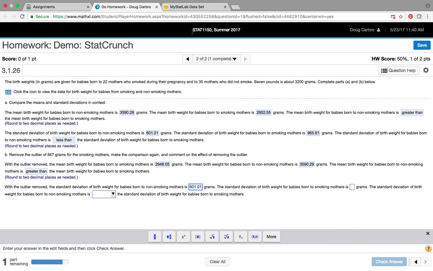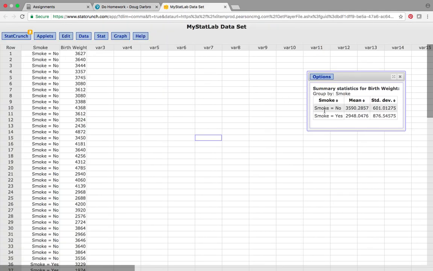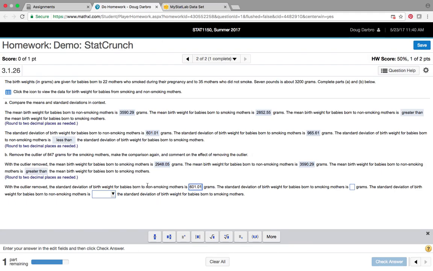And the standard deviation for smoking mothers is 876.55. You might want to write this stuff down. That's usually what I do. So the standard deviation of birth weights for babies born to non-smoking is less than.